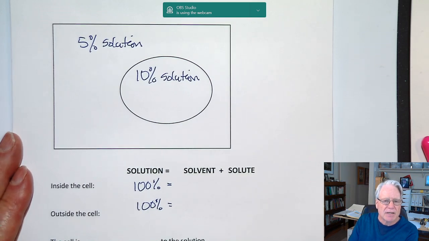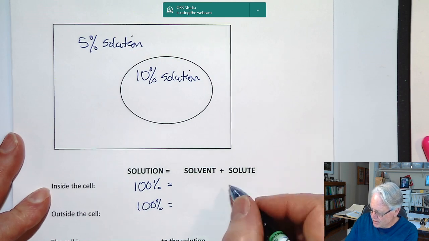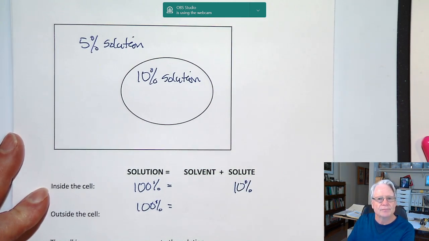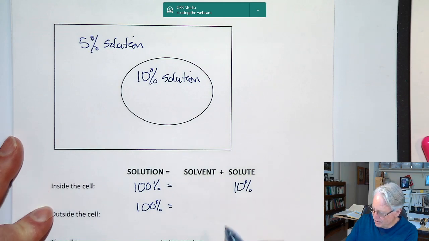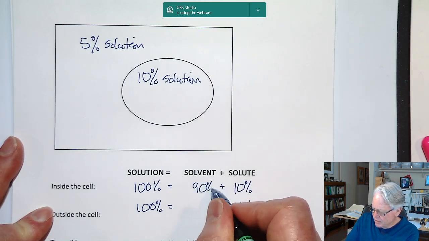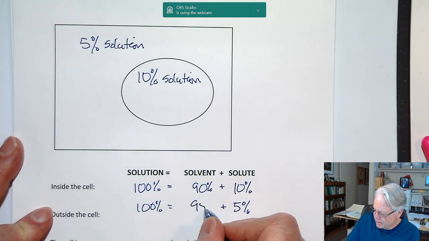Okay. So fill in our numbers. The inside of the cell is 10%. The outside of the cell is 5%. That means I have 90% here. And I have 95% here.